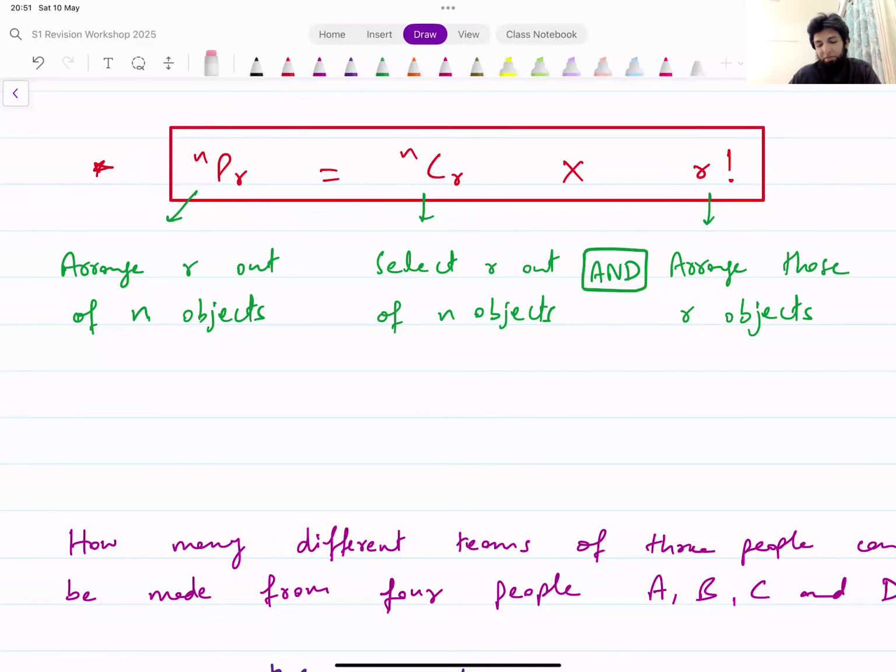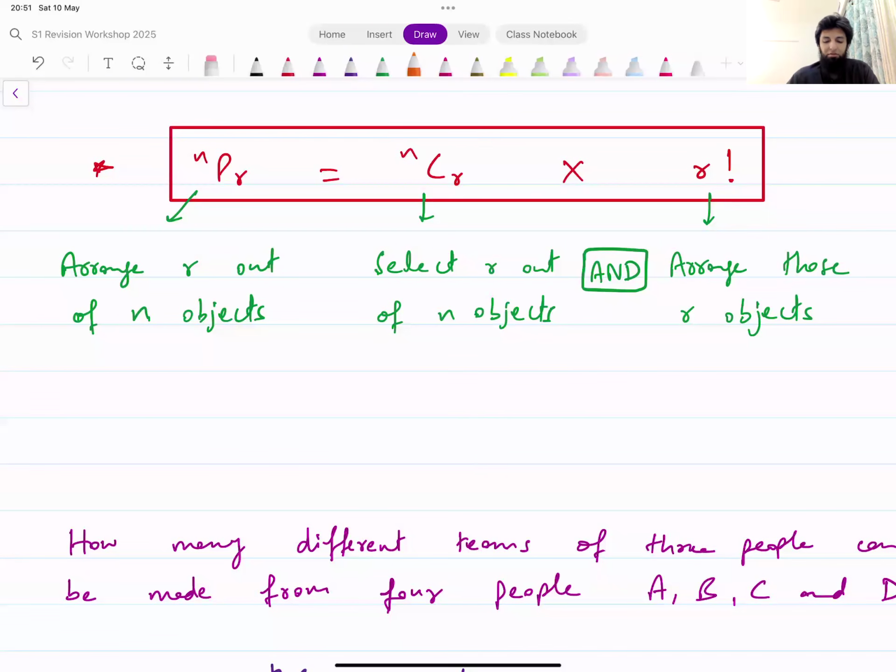Why is it important? Because sometimes you will see, as we'll see in some examples, you have to do arrangement, but you end up having to use combination there as well. Why would that be? Because there would be some condition on selection that they would have applied. For example, if there are 10 people and there's some condition on selection that there are two brothers who should both be selected or should both not be selected.